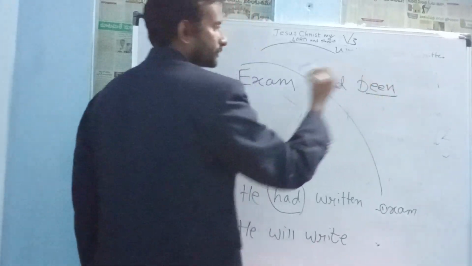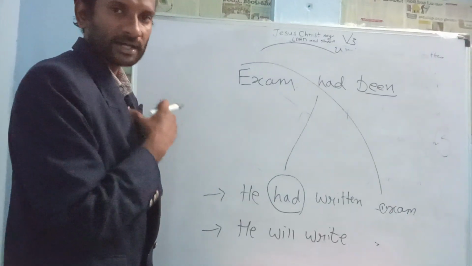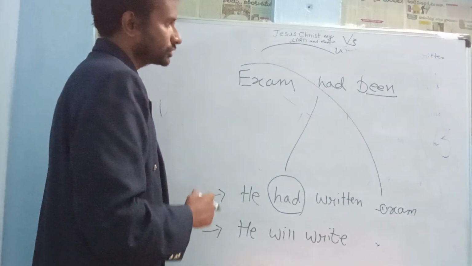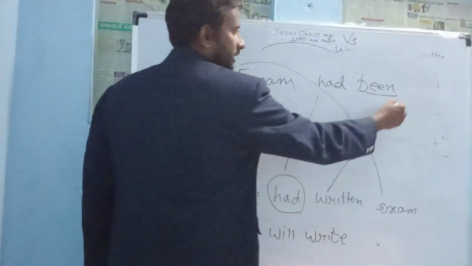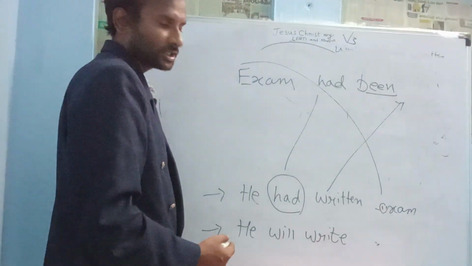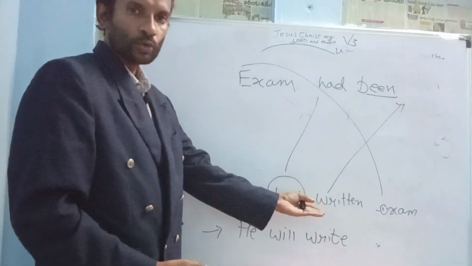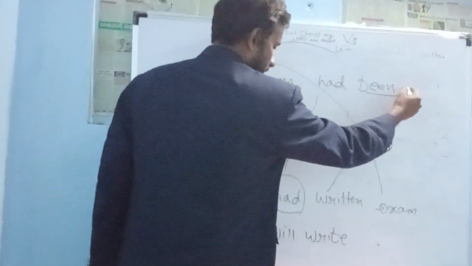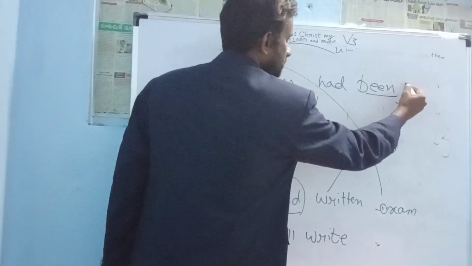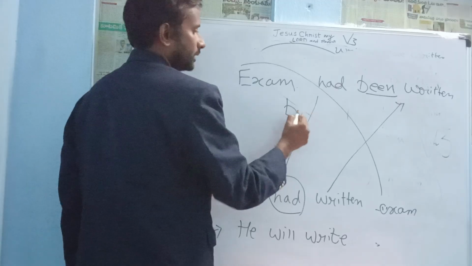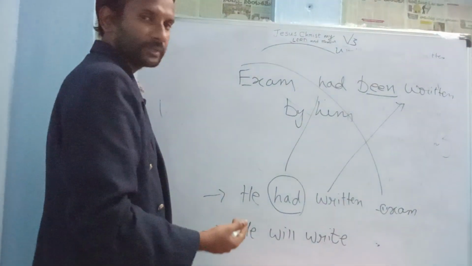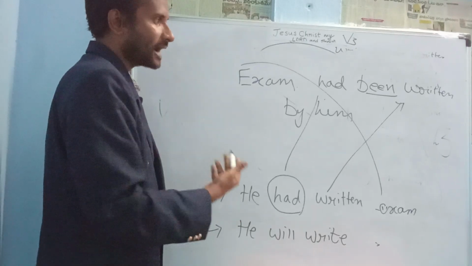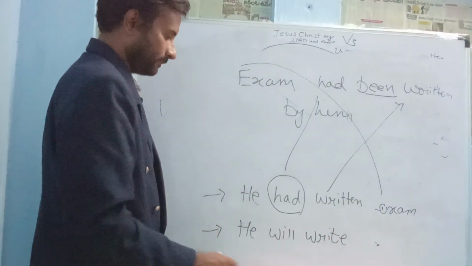Remember this, for all perfect tenses in past and present, we must use been. Exam had been. Already it is in V3, you don't need to change. It is justifying the rule of V3. So here exam had been written by him. So "he had written exam" gets changed to "exam had been written by him".